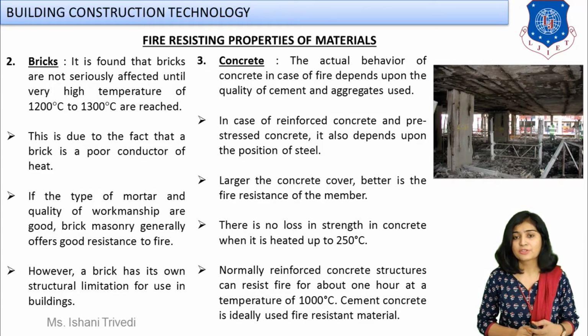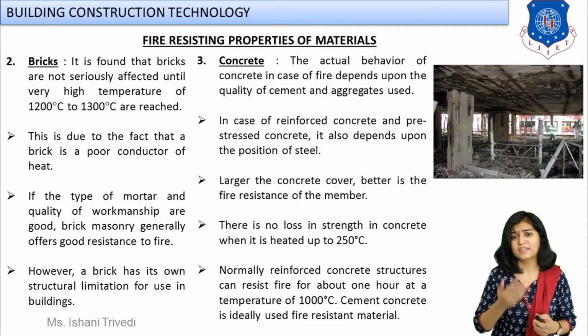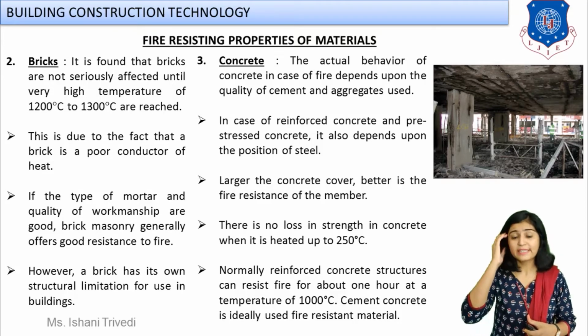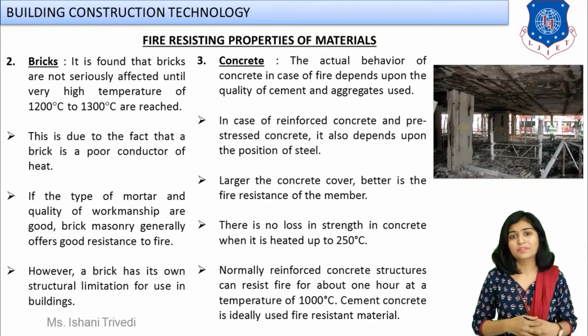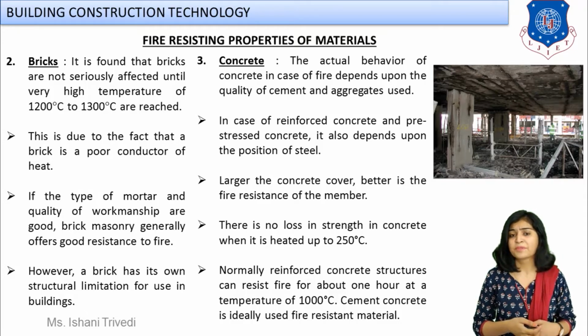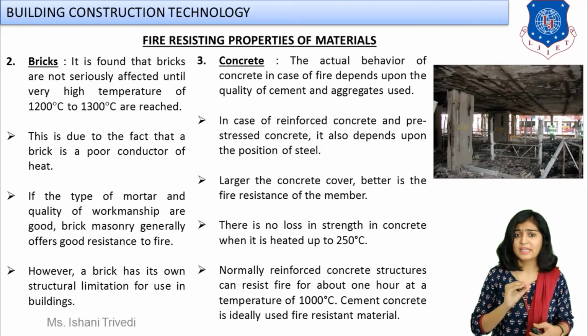So bricks have already undergone the burning process. In short, bricks generally have good fire resisting property. Although it will burn, it will have damage, it can also collapse your structure, but it has already gone through the burning process, so it will have comparatively better fire resisting property.